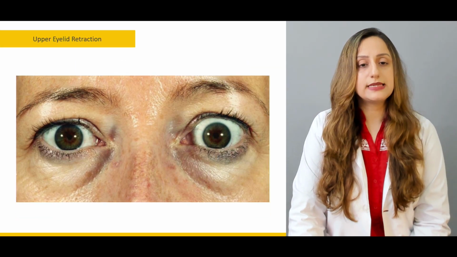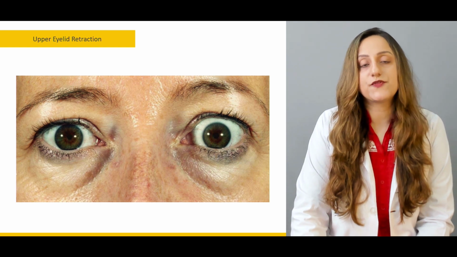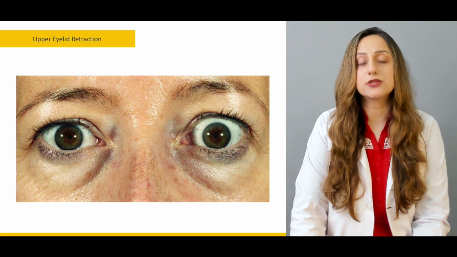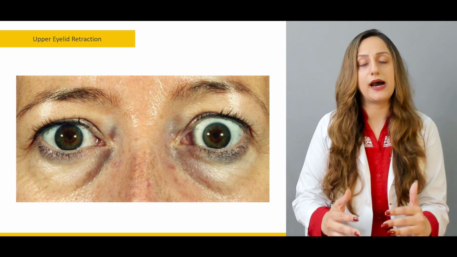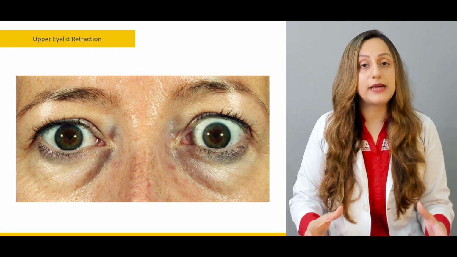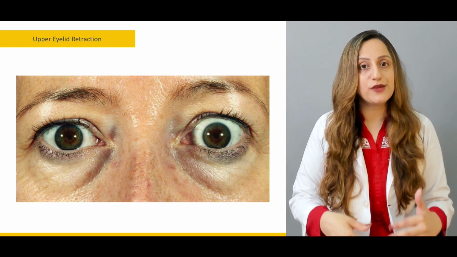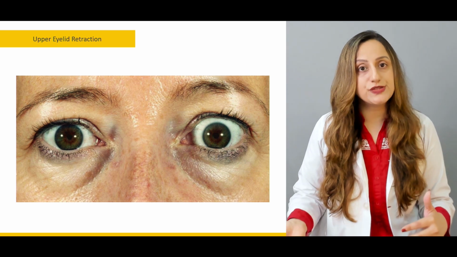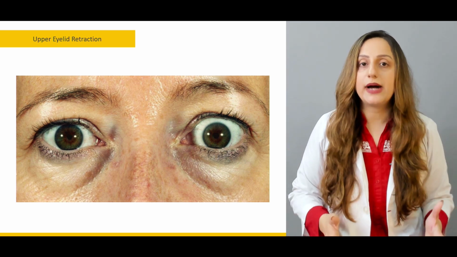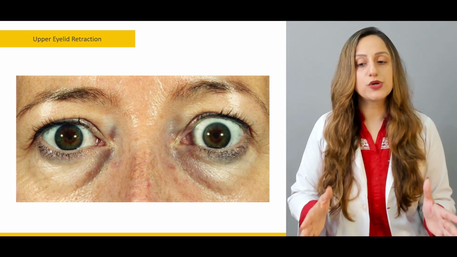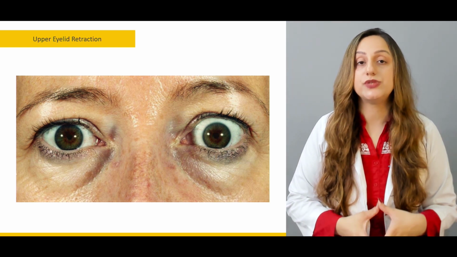So you can see that we have other conditions. For example, we have upper eyelid retraction, which is another phenomenon. When you have patients of eyelid malpositioning, we categorize them into the drooping phenomena and, on the other hand, the retraction phenomena. We have the upper eyelid cases and the lower eyelid cases. We are focusing here on upper eyelid retraction.